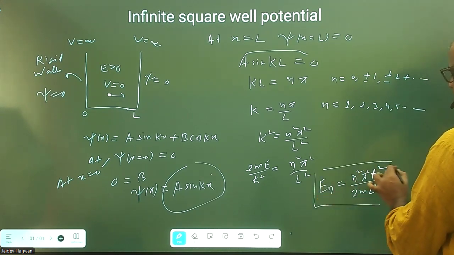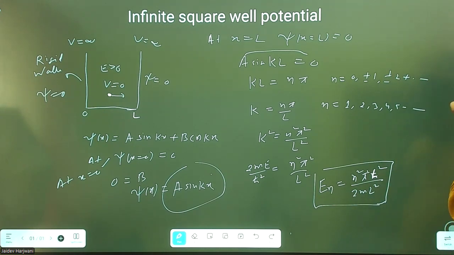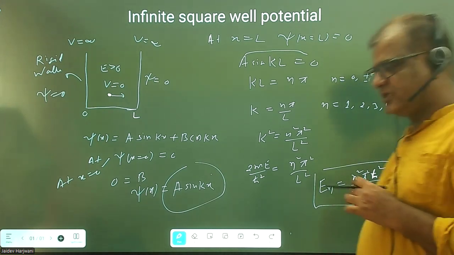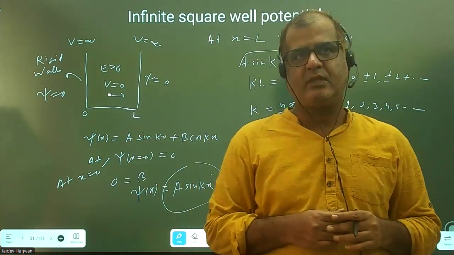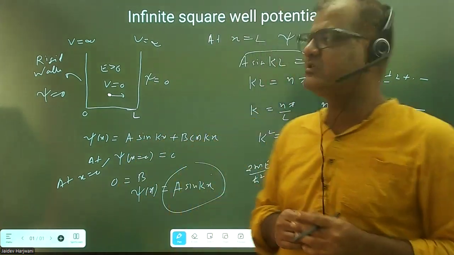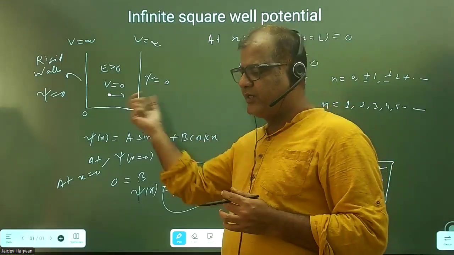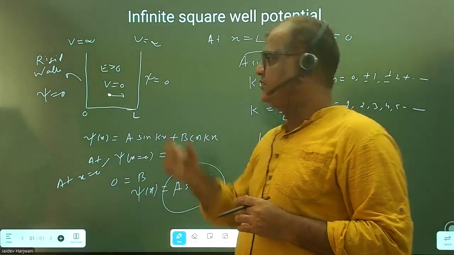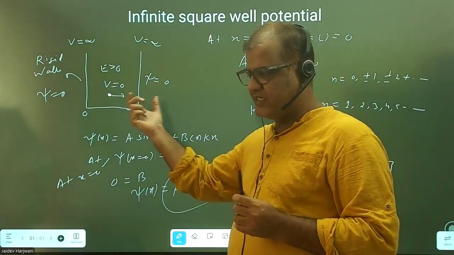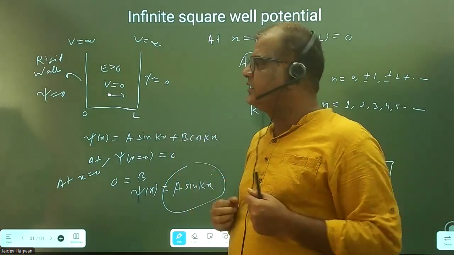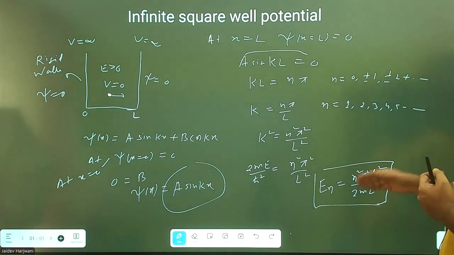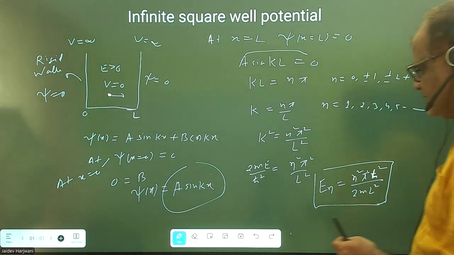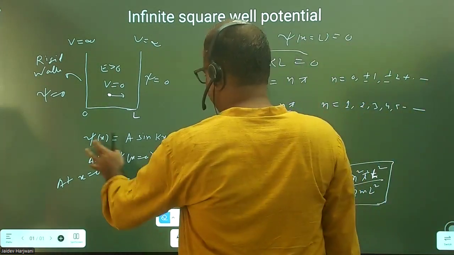So these are the possible energies of the particle when it is trapped in this kind of potential. This is a very useful result. Whenever you bound a particle in one dimension, or its motion is restricted, you can see the energy levels become quantized.